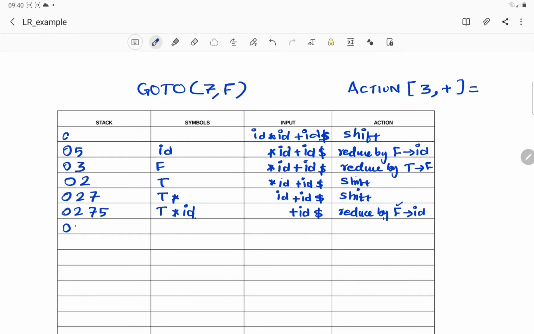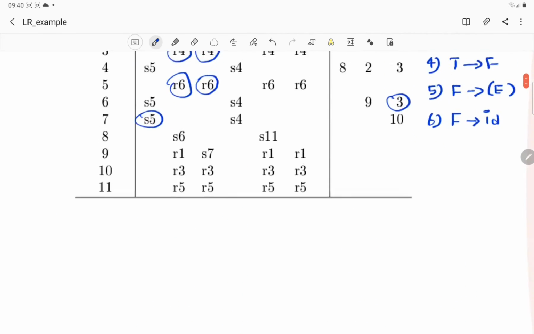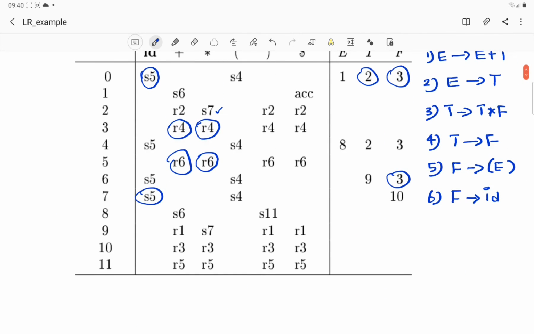So the stack will become 0 to 7, and now the stack top is 7. Next we compute goto of 7 comma F, which is 10.